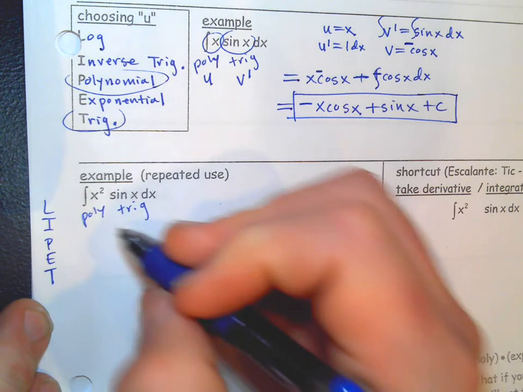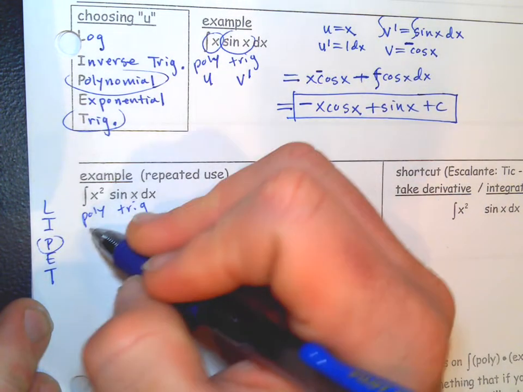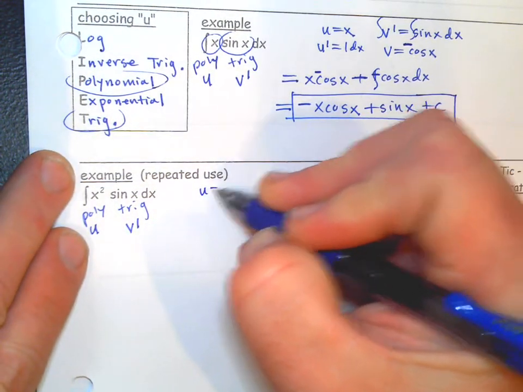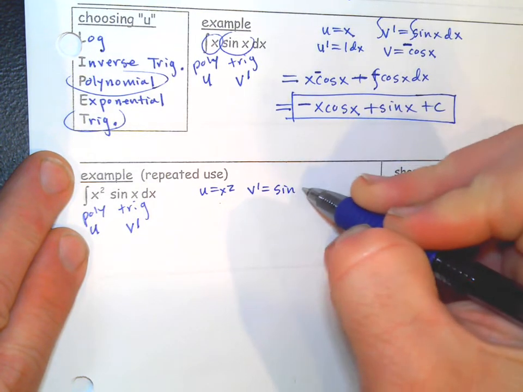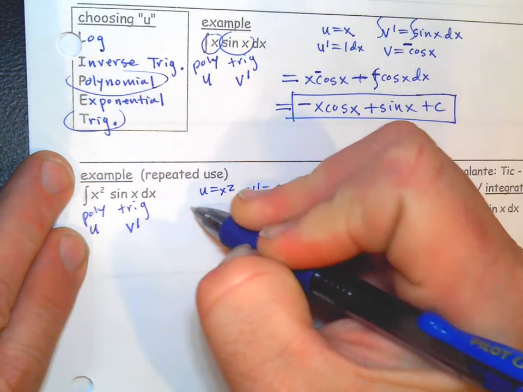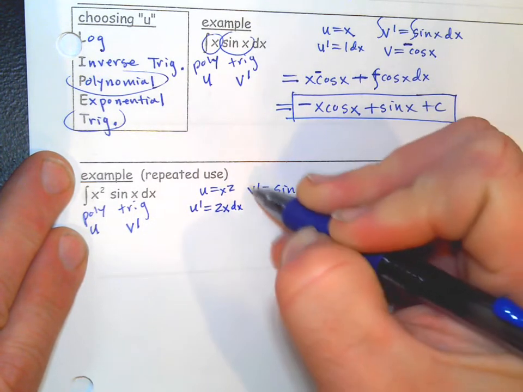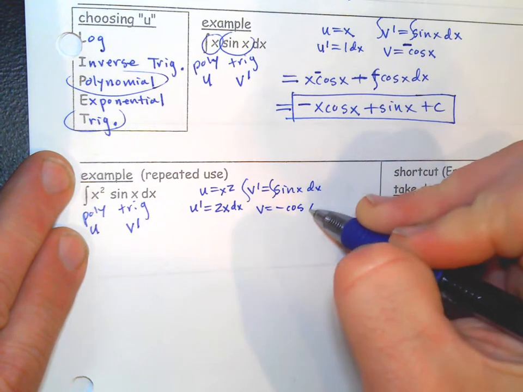And I'd be like, oh, okay, poly comes before trig, right? So that's your u. The other one has to be v prime. So I'm going to write them down. u equals x squared, v prime equals sine x dx. So then u prime equals 2x dx, and v equals negative cosine x.